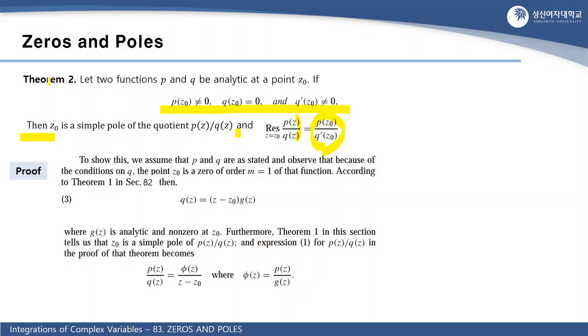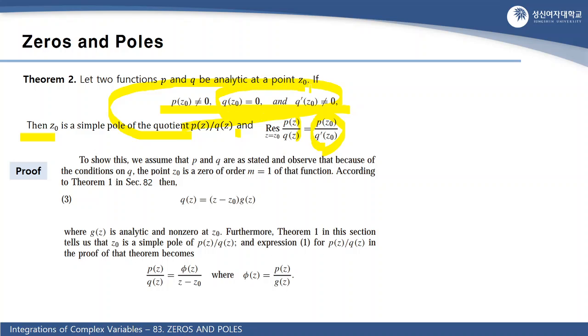Okay, let's prove it. First, we assume that P and Q are given by this, to satisfy this condition. Then let's observe that because of the conditions on Q, the point z naught is a 0 of order m equal to 1.